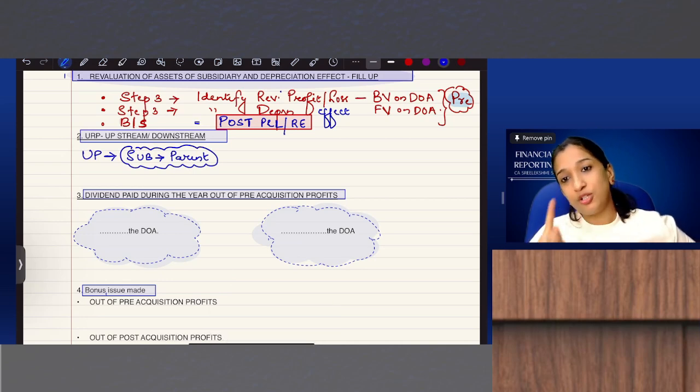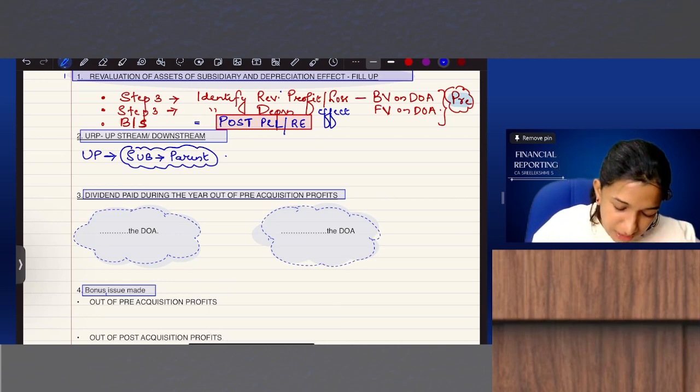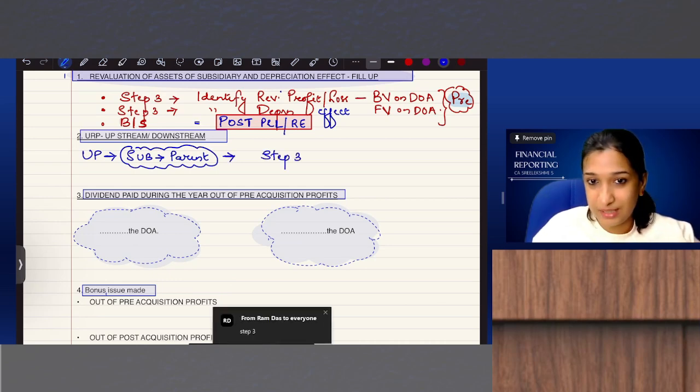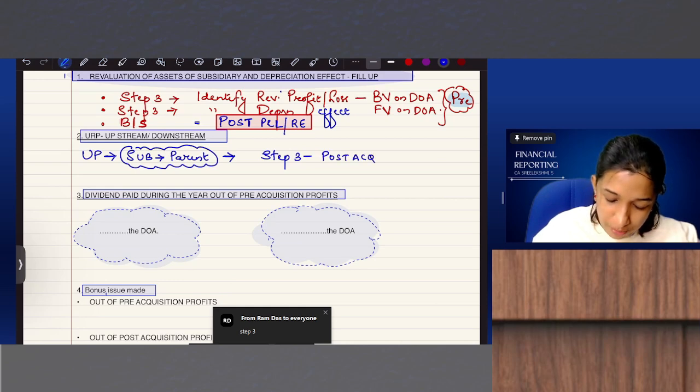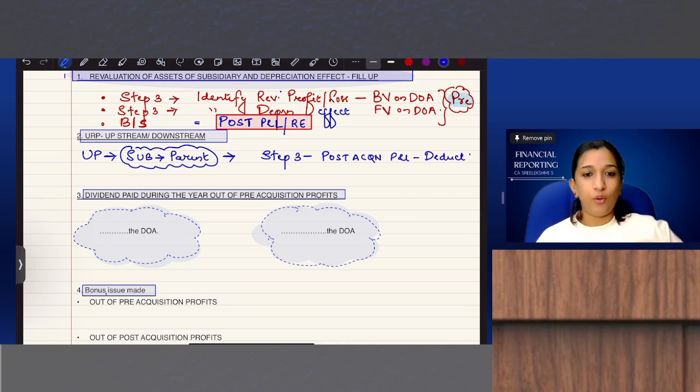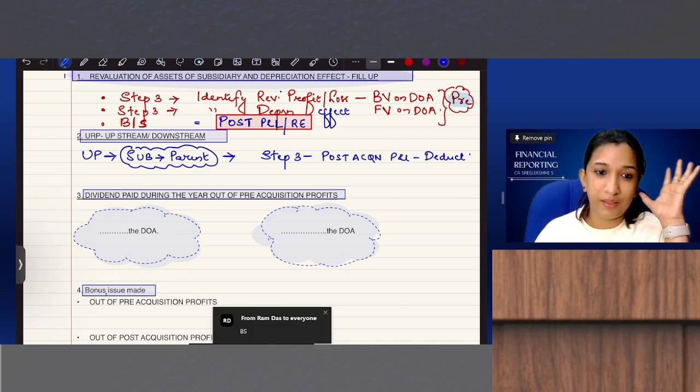If it is upstream, in step 3, when nothing is given, deduct URP from post-acquisition P&L. Balance sheet also, you need to deduct URP.